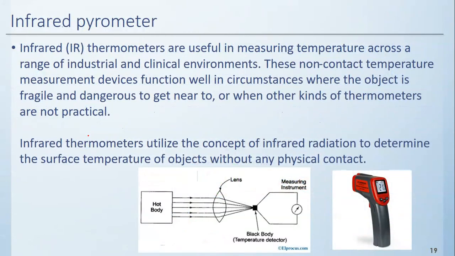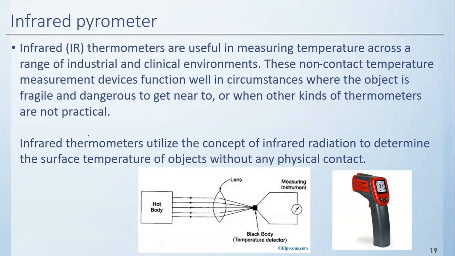And the next one is the infrared pyrometer, which is known to you. This one was popular during this COVID time. Okay, this was used for temperature measurement widely during the COVID time.